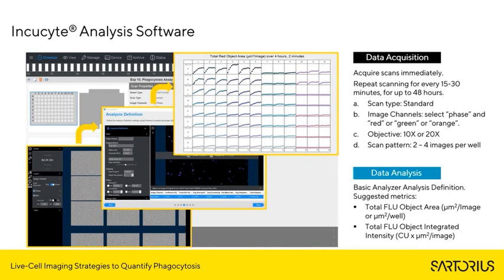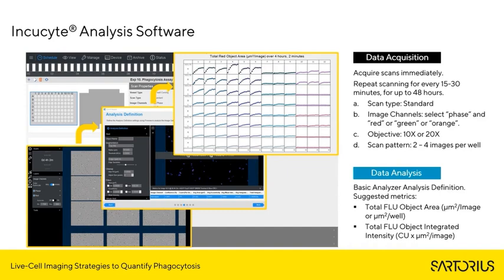These assays use a standard scan type and the phase and a fluorescence image channel. And this fluorescence image channel will depend on the pHrodo reagent that you're using. We suggest using a 10x or 20x objective and a scan pattern of 2 to 4 images per well. And the objective and scan pattern will depend on the cells that you're using in the assay.